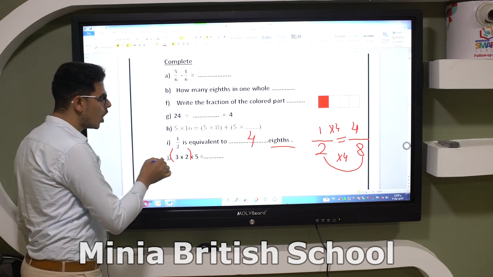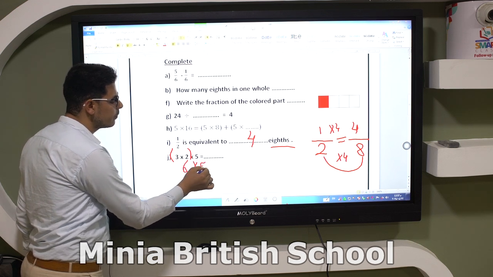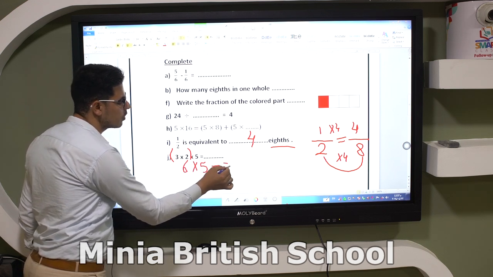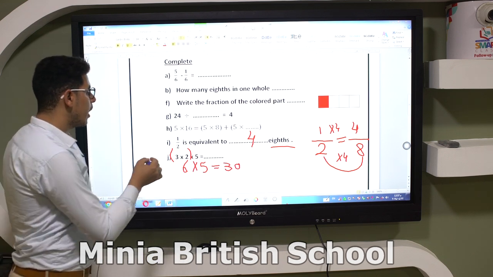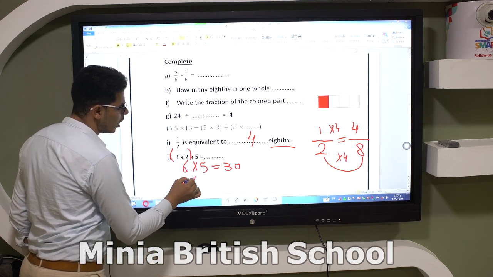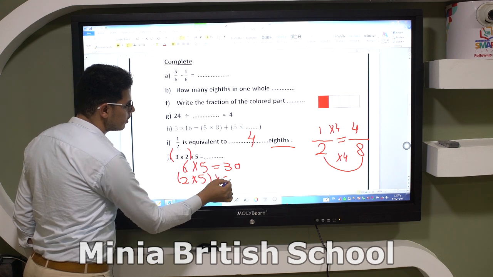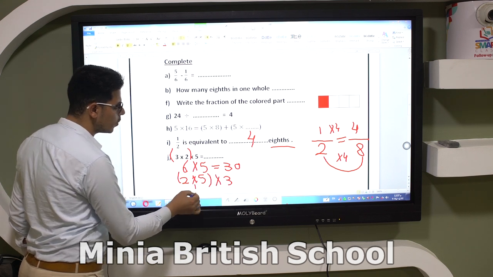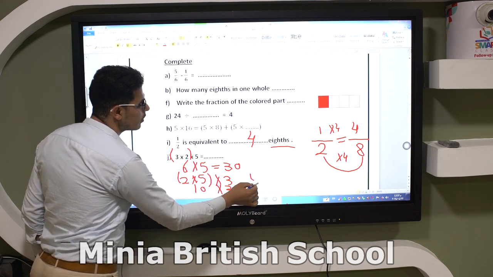It will be 3 times 2 equals 6, times the third number equals 30. Someone made another solution and said 2 times 5 in a bracket times the third number. Here 2 times 5 equals 10, times 3 equals 30.